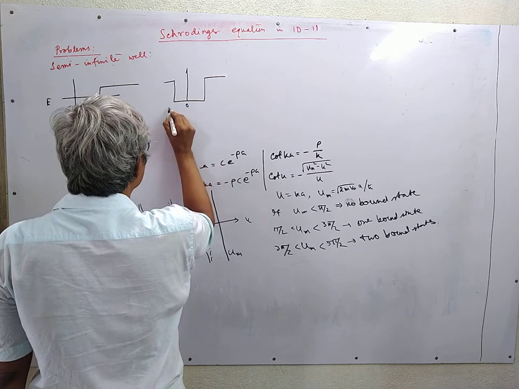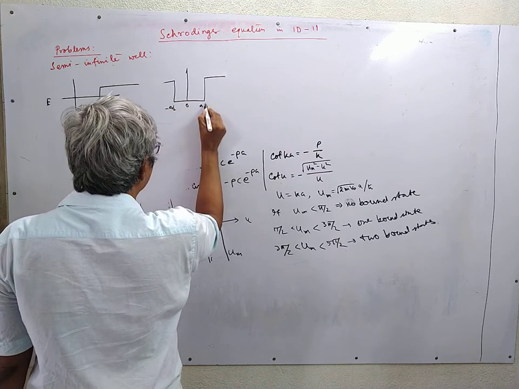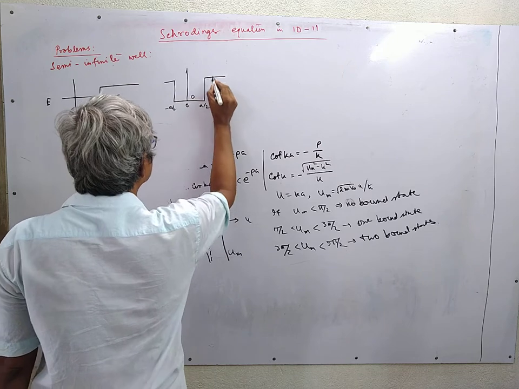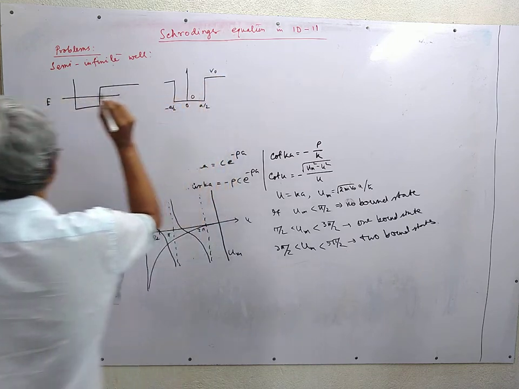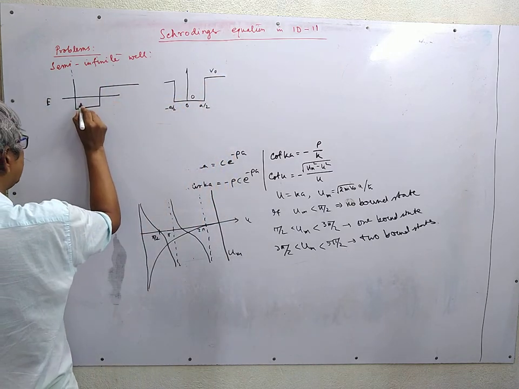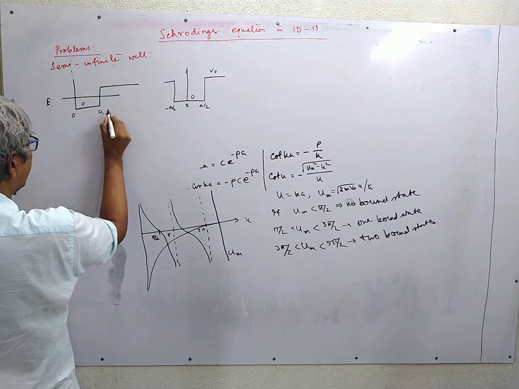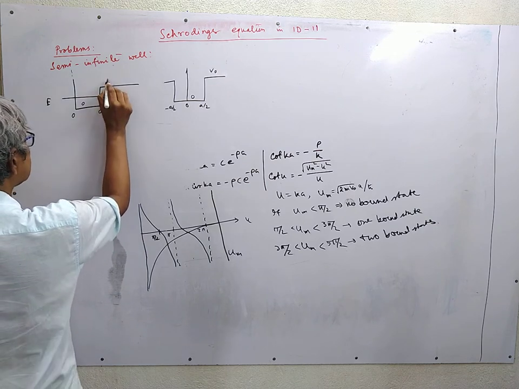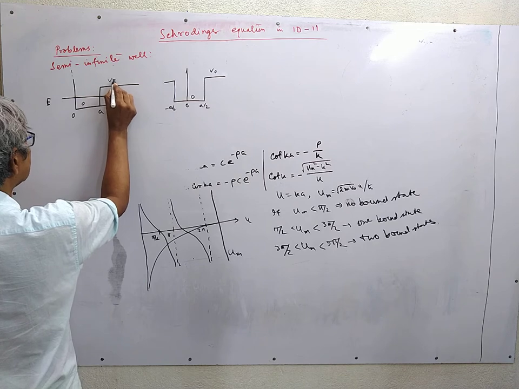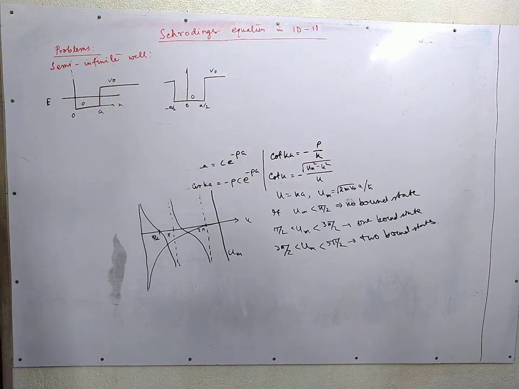One is from minus a by 2 to plus a by 2, with V equal to 0 inside and V equal to V0 outside. The other has V going to infinity on the left, V equal to 0 from 0 to a along the x-axis, and V0 beyond. This is the situation. The question is which one will definitely support a bound state and which may not even support a bound state.